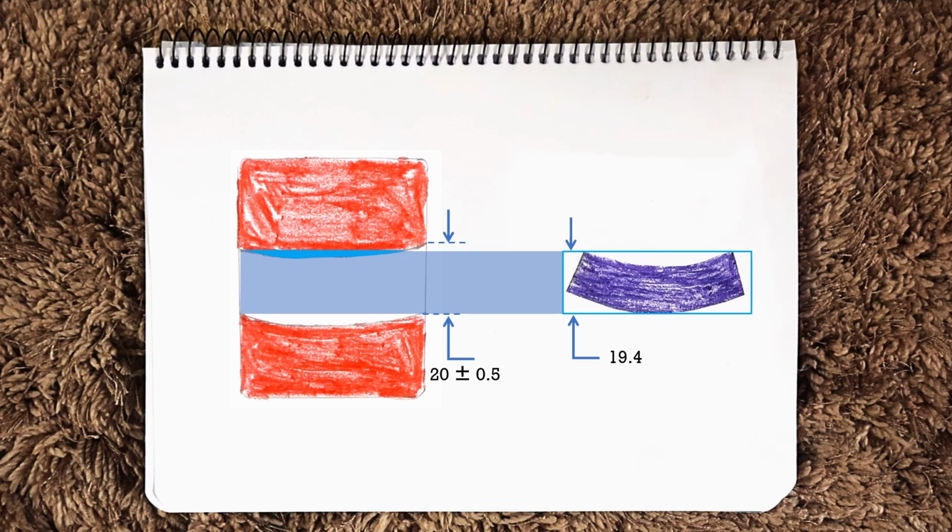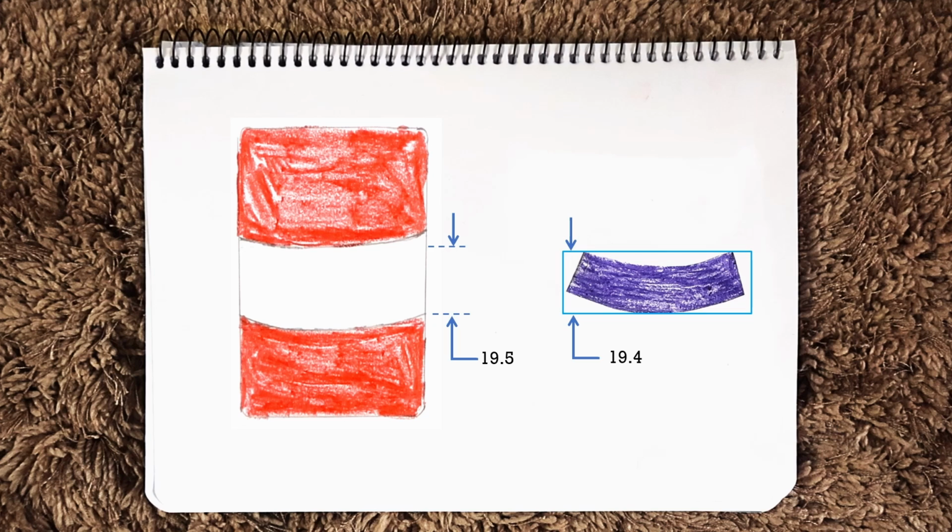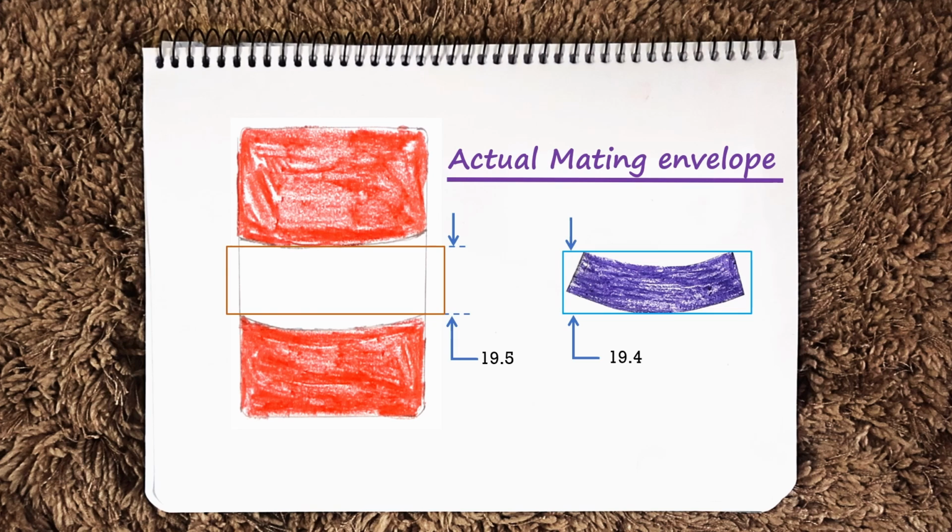So this hole should not be within a cylindrical envelope, it should actually be the inverse. Means any portion of this hole should not come under a cylindrical envelope of diameter 19.5 mm, the lower limit of this hole diameter, something like this. And we call this envelope or boundary the actual mating envelope.